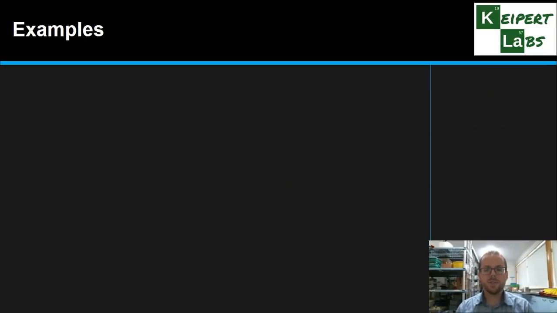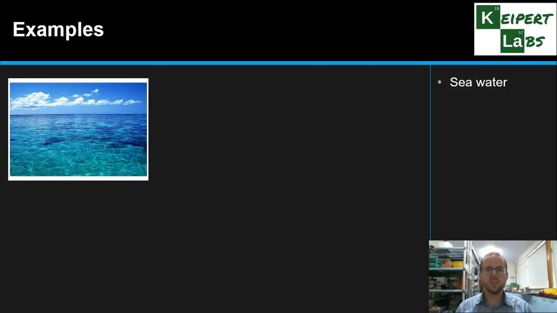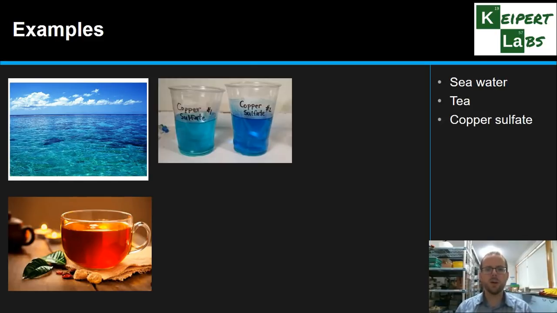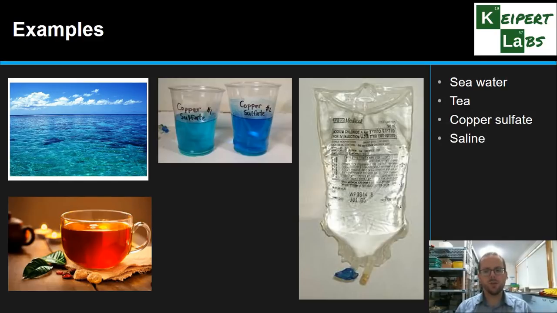Some examples of solutions that we encounter in everyday life: seawater, which is a solution of all sorts of salts like sodium chloride in water. We have tea. We have copper sulfate, something that we commonly look at in a science lab. Not in everyday life, but it's a solution.